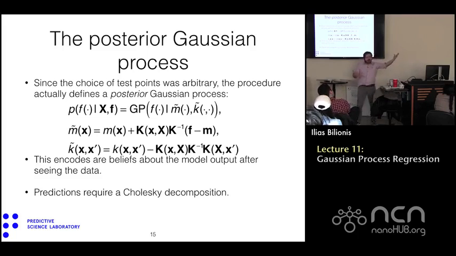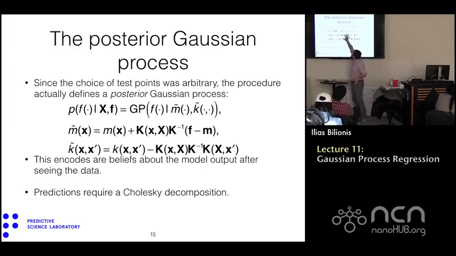Okay, so you started with a Gaussian process, you made a bunch of observations, and Bayes' rule gave you, I mean, admittedly with 10 minutes of me waving my hands, but that's exactly what happens. Started with a prior probability measure, a Gaussian process, you observe some input-output data, and Bayes' rule gave you a posterior Gaussian process. And that Gaussian process has its own mean function and its own covariance function.